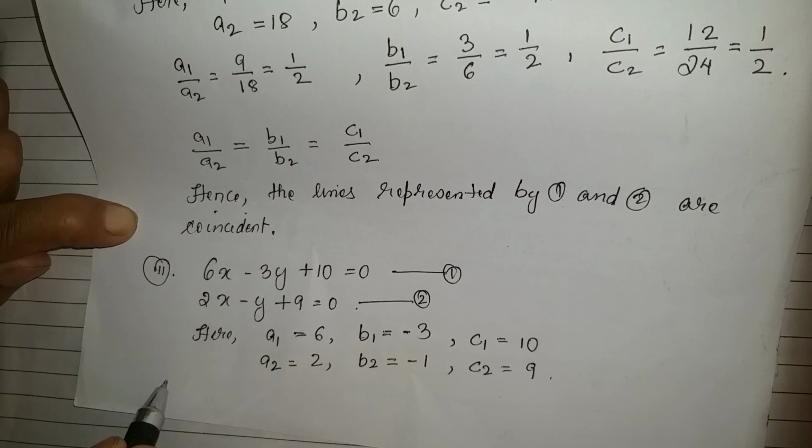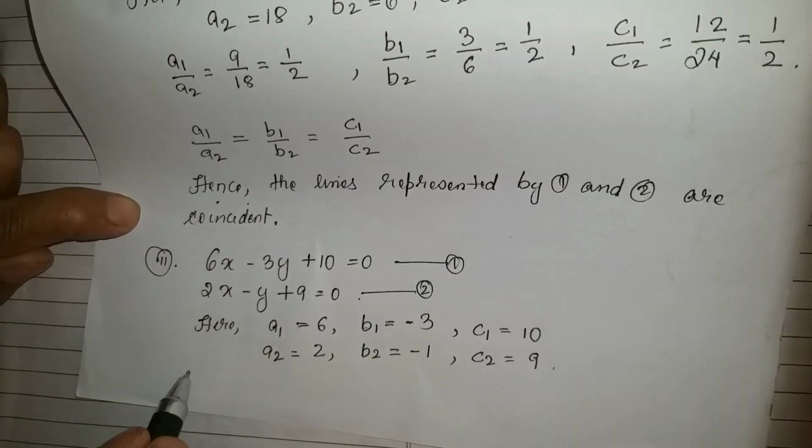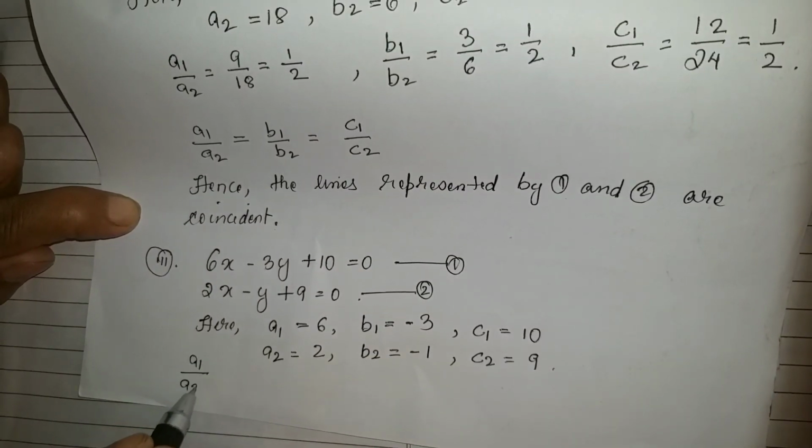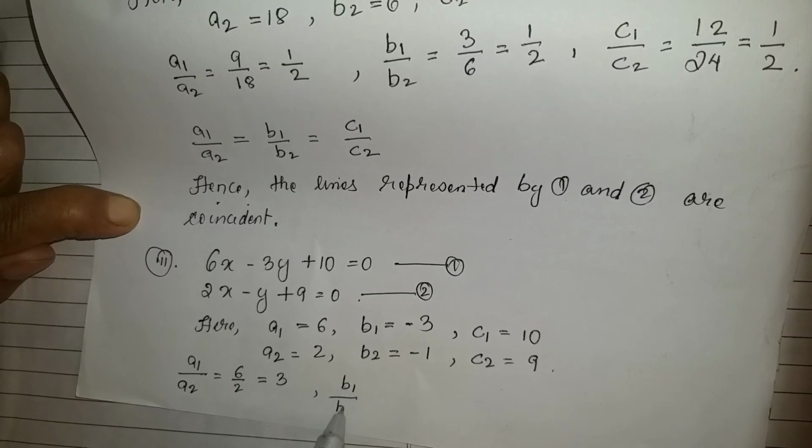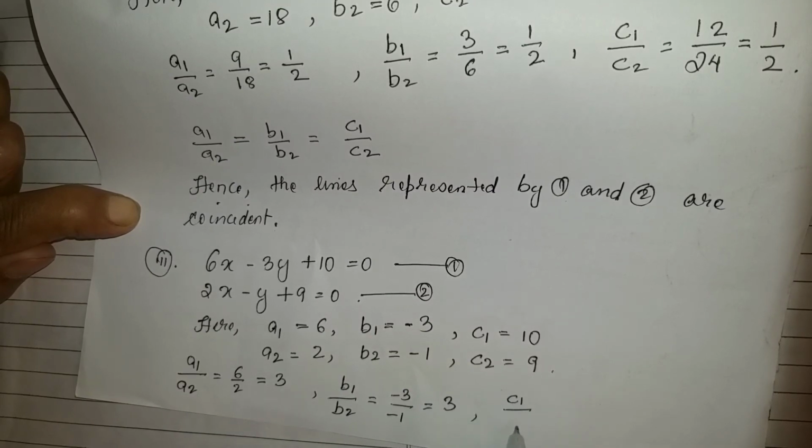Let us find out the ratios. a1 by a2 is equal to 6 by 2, which is 3. b1 by b2 is equal to minus 3 by minus 1, this will give us 3. Then c1 by c2 will be 10 by 9.